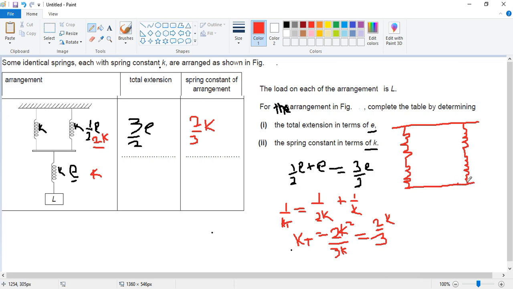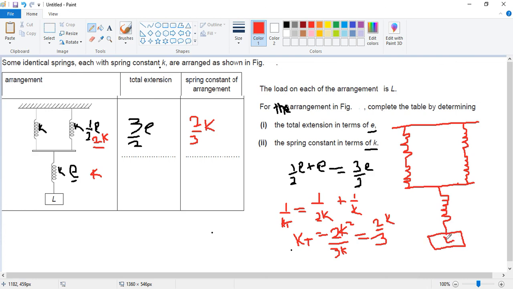These are springs 1, 2, 3, 4. I want you to note very carefully. This is one spring, a second one, another spring, and the system is again connected in series with another spring which is at the bottom, and is the one supporting the load L.